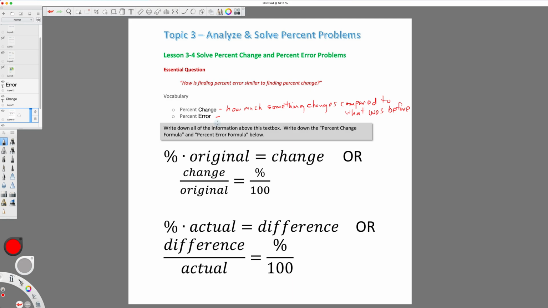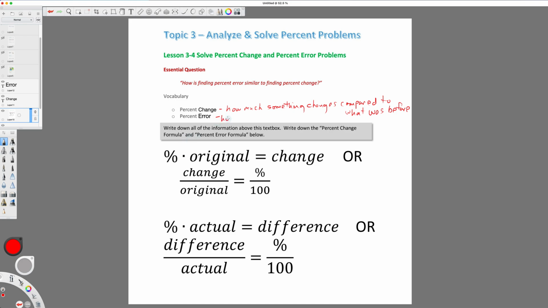So if I am measuring with a ruler, I'm going to be a little bit off of what the actual measurement is. How much I am off, if I'm off by an inch and it's a marathon race, that's no big deal. But if I'm off by an inch on laser eye surgery, all of a sudden we have huge issues. So a percent error is how off you are compared to what it actually should be.